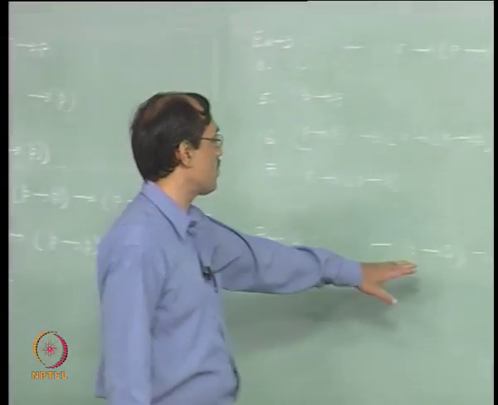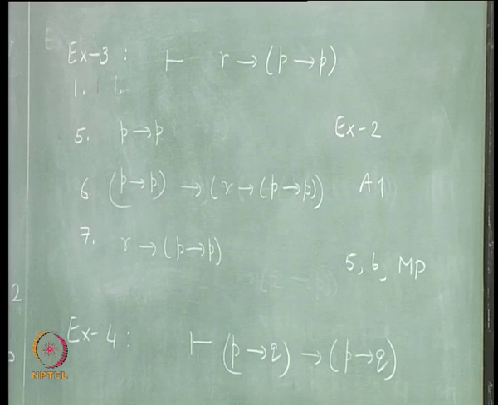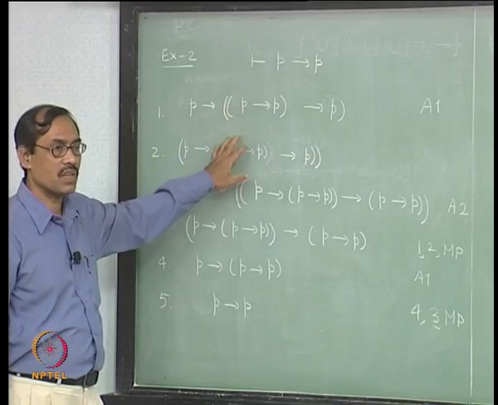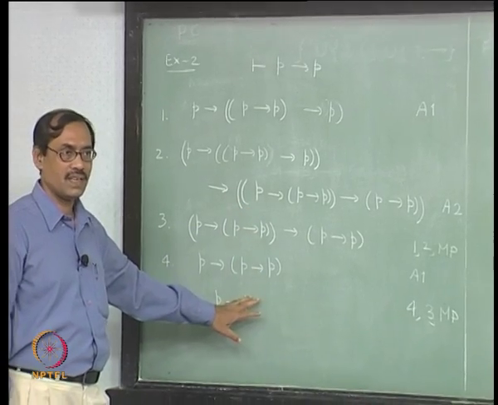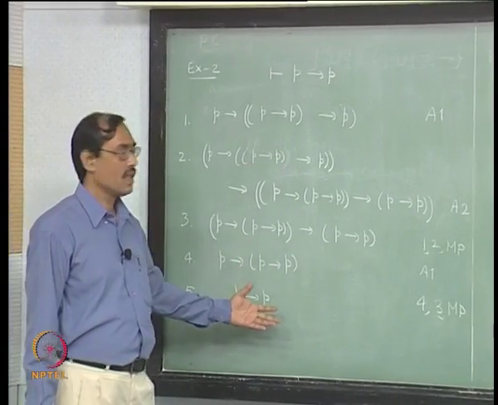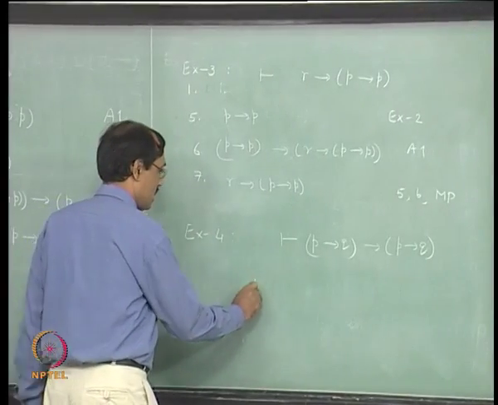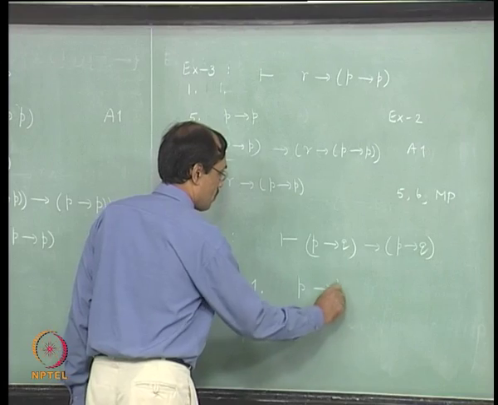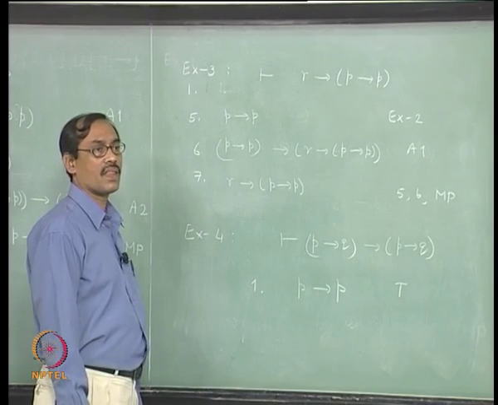So, to give a proof of this, what should we do? It says that you take the proof of P implies P, there you substitute every occurrence of P by P implies Q. So, instead of doing all those things, we will just mention it this way, we will accept it as a proof. P implies P, already a theorem, right.